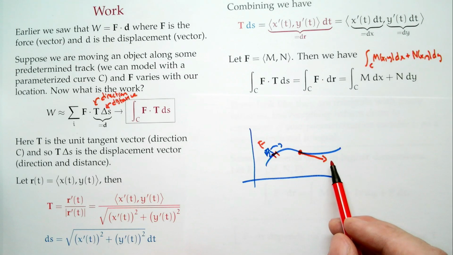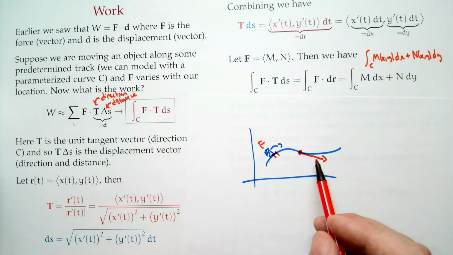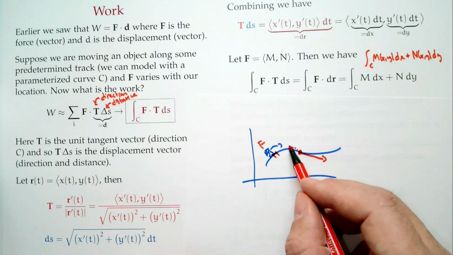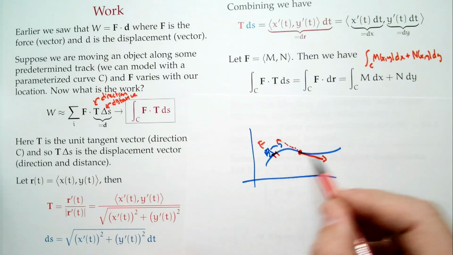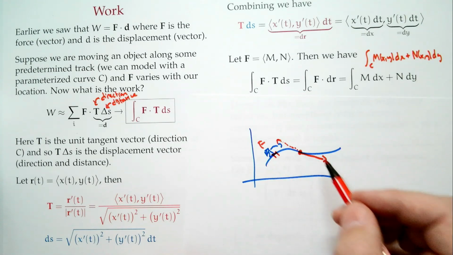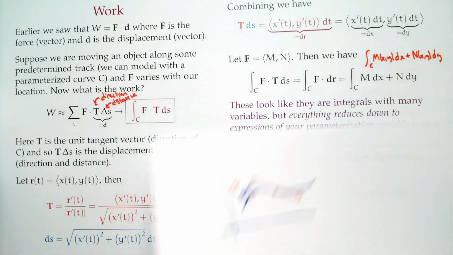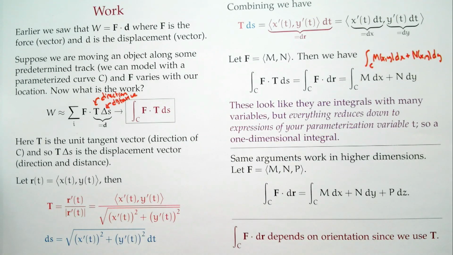If I reverse my orientation, what happens to T? It would point in the opposite direction. So when you reverse orientation, you negate your T, which means you flip the sign. So that's why when you're doing force, it does make a difference. It does make a small difference.